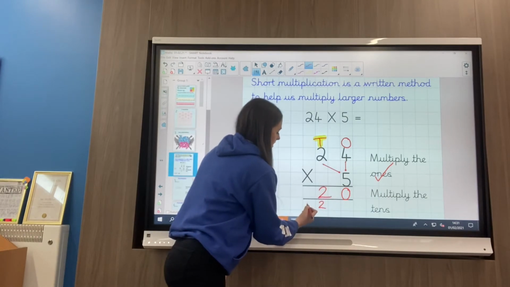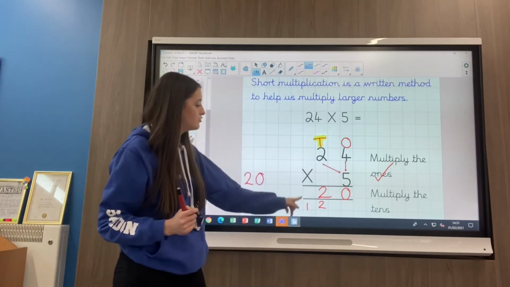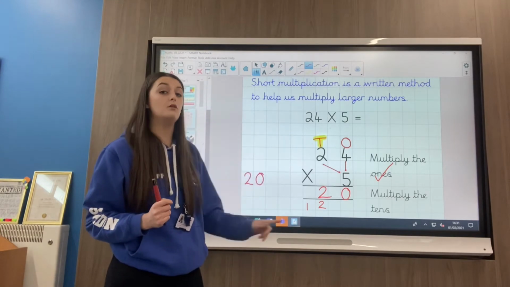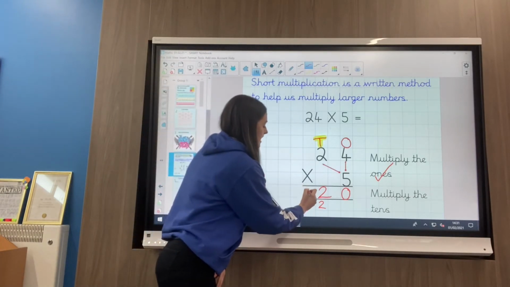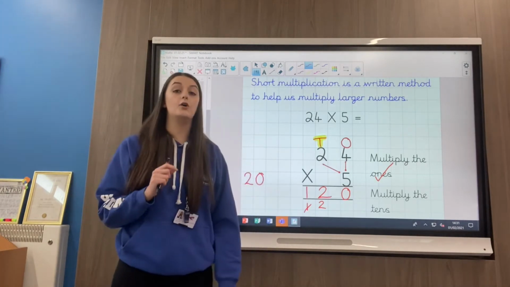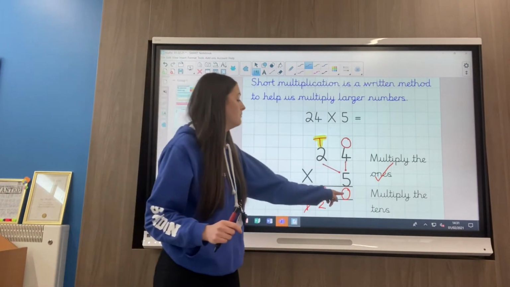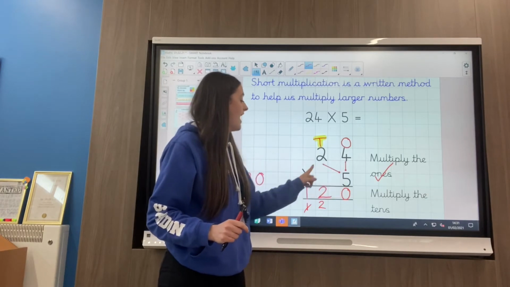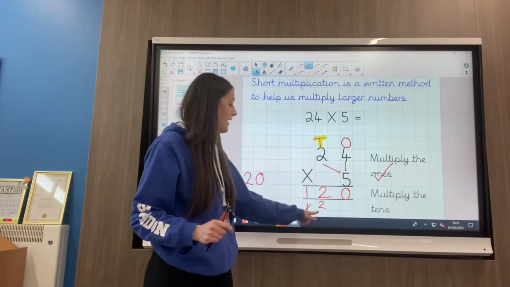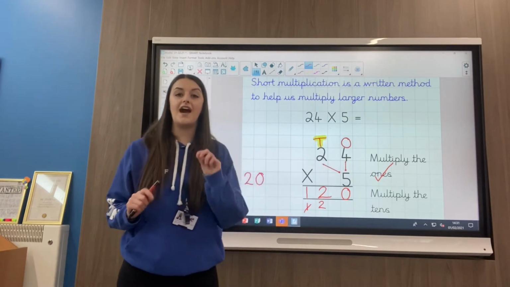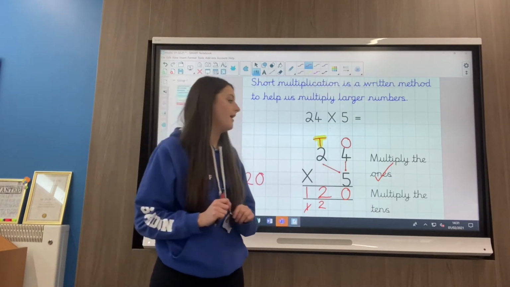I'm going to exchange and carry to the hundreds, but I've got no hundreds to multiply. Or I've only got 100 here, so I'm going to cross it off, and my answer becomes 120. So we multiply the ones first, and then when we've popped our answer in, we multiply the tens, making sure we're adding any numbers that we've carried and exchanged, okay?